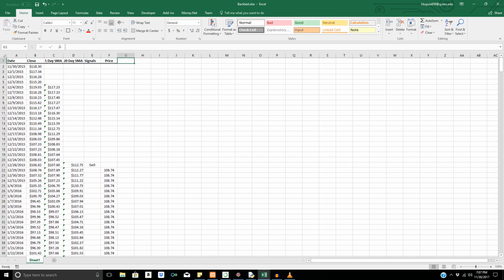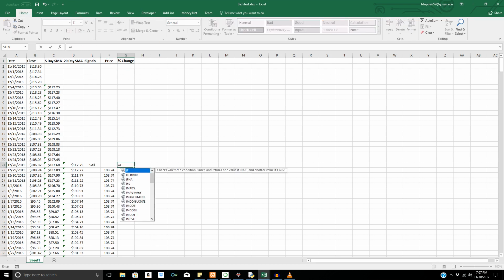We also want to calculate our percent, or we can calculate the change in price. So percent change, and this is going to be a fairly rudimentary backtest, so not going to be a long tutorial. We can just calculate the percent change by saying the new divided by the old minus 1.